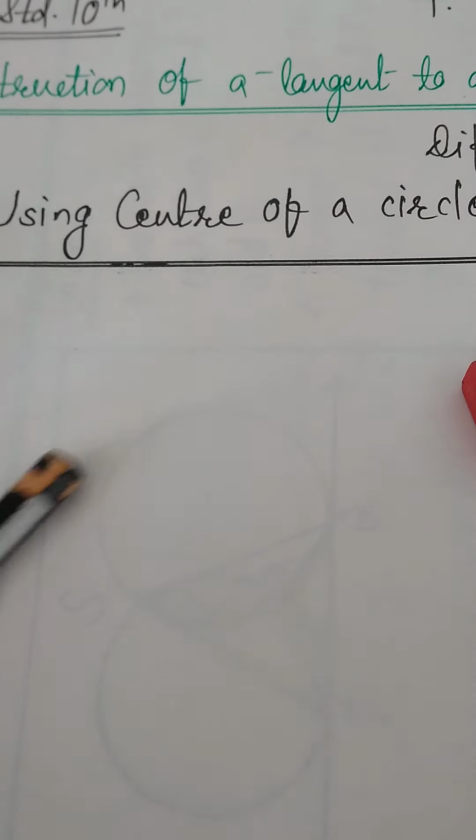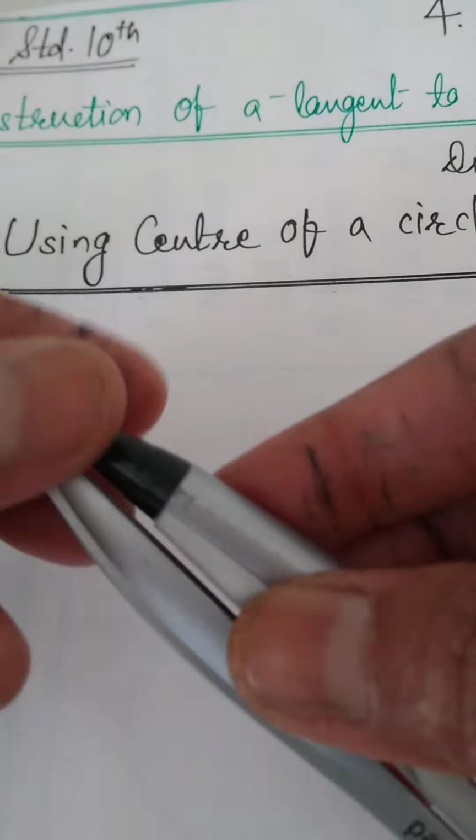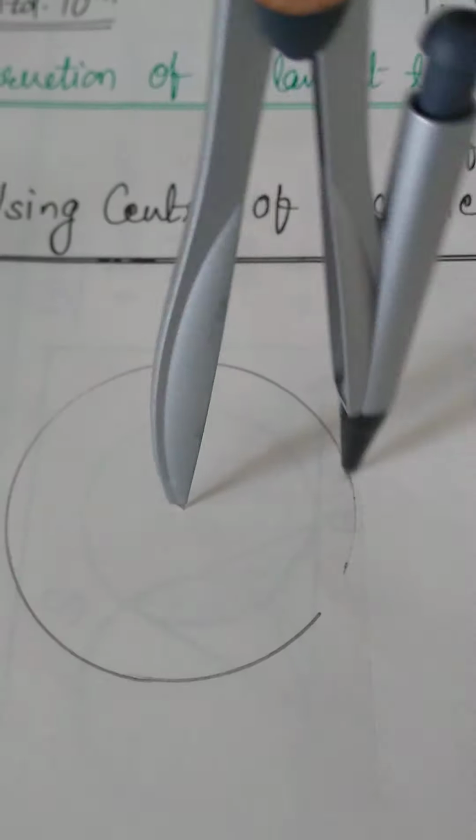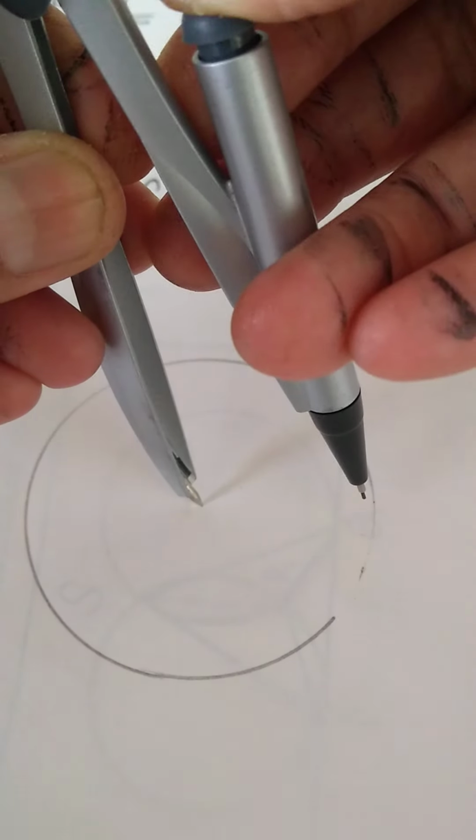We will construct. Take a distance in your compass as you like. You can draw the circle like this.